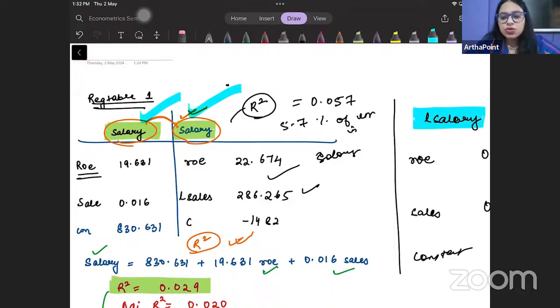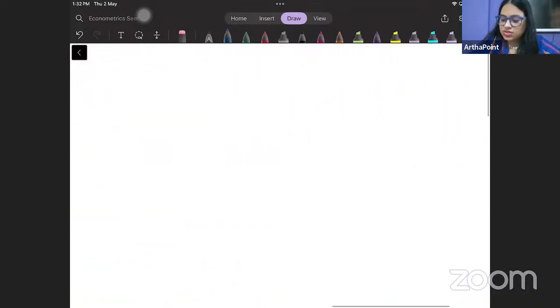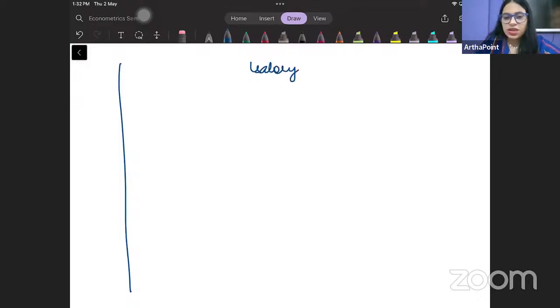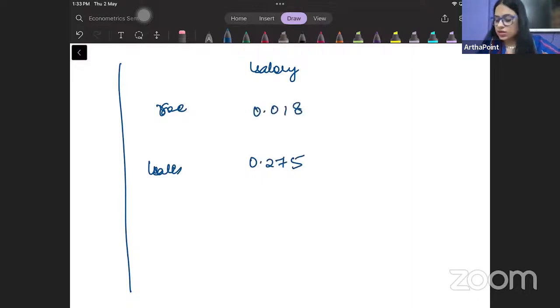At last, beta, you had model number 4. I'm just going to write down the results of model number 4. So the results of model 4 are basically log salary, right? And here you had ROE, and here you had log sales, and this was 0.275, this was 0.018, and this was a constant, and the value of constant was 4.362.